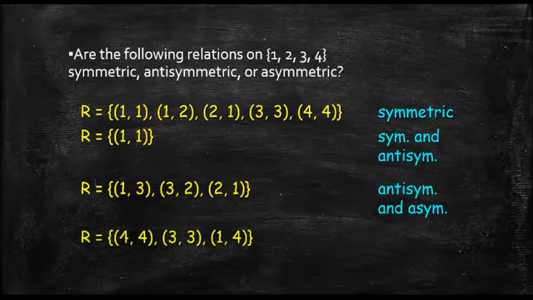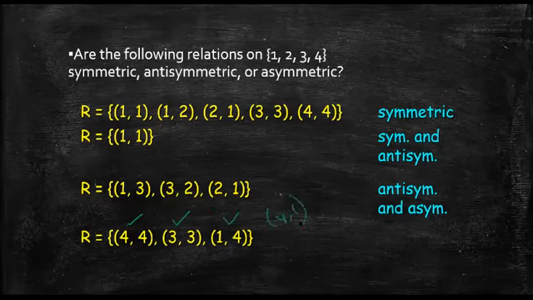We have 4 comma 4, 3 comma 3, 1 comma 4. In this case, we have the elements 4 comma 4, okay, and we have the elements 3 comma 3. But what about 1 comma 4? For 1 comma 4, do we have 4 comma 1 for it to be symmetric? No, we don't have 4 comma 1, so it is not symmetric.